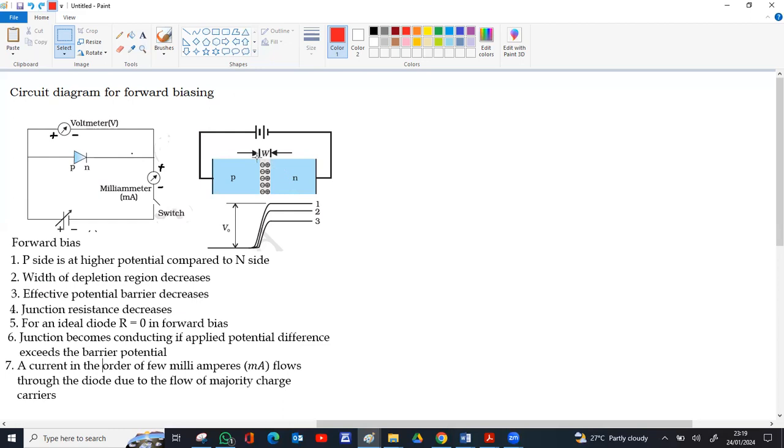Now, once it's forward biased, a current in the order of milliamperes flows through the junction, which is due to the movement of majority charge carriers across the junction.